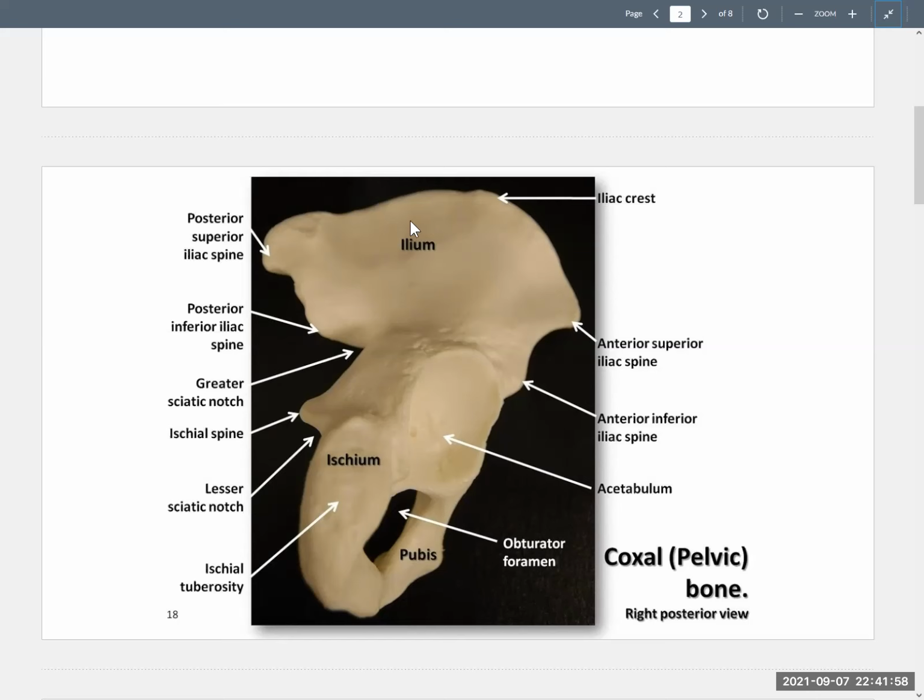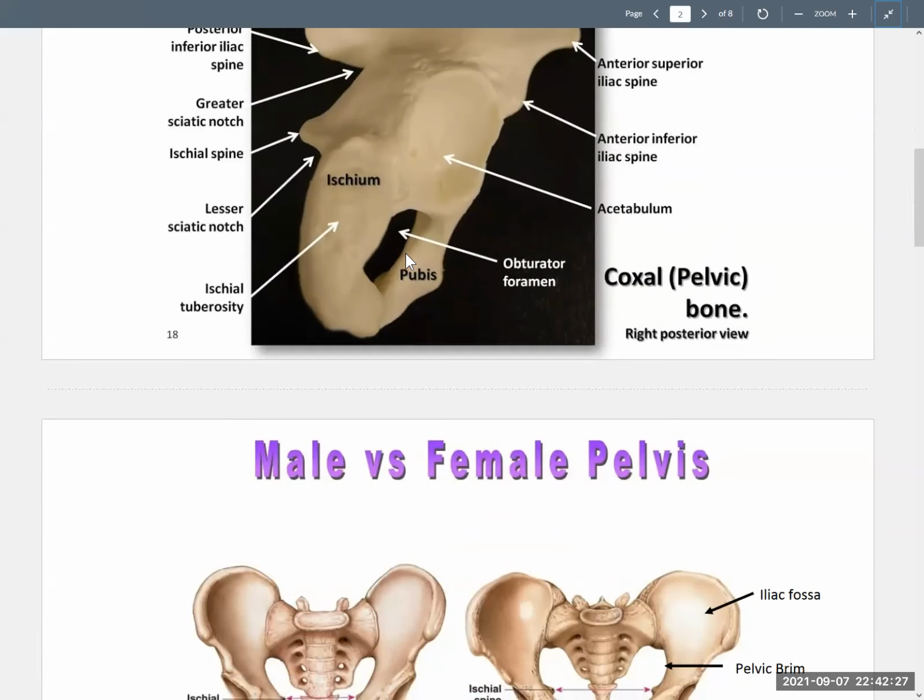Okay. Where's the back? Where's the front? This word ilium would be printed right here on the posterior of this bone. And the front side, not showing, over on the other side if we turn it around, that would be the anterior.